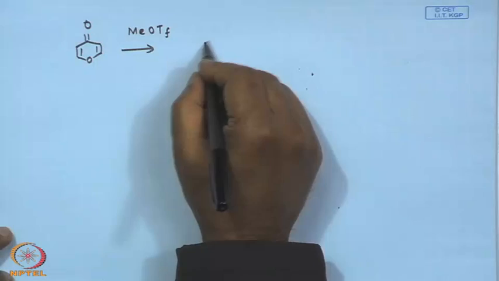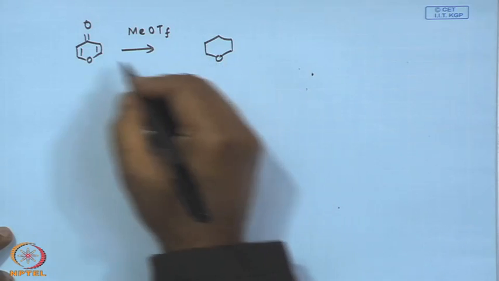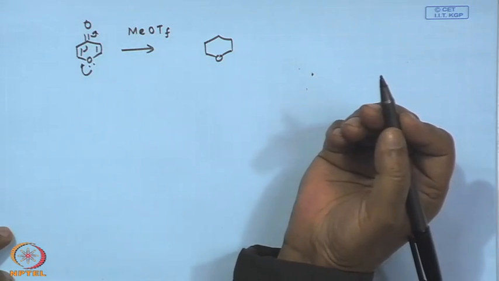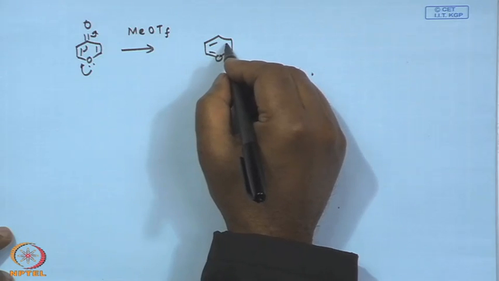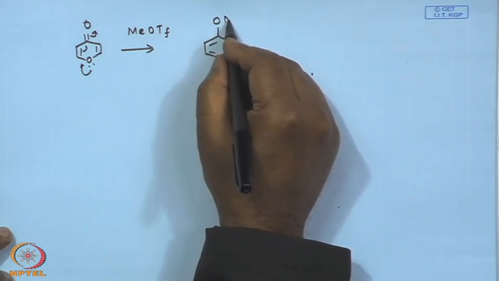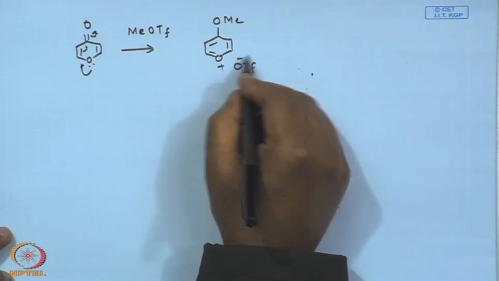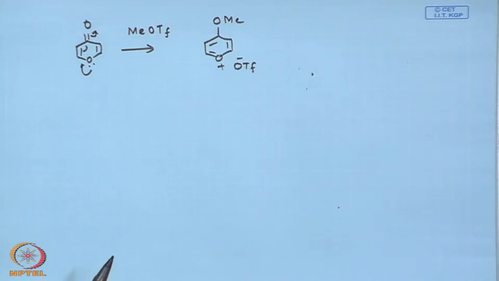Methyl triflate is basically the equivalent of methyl sulphate or methyl iodide, that means methyl cation here. So, what you expect here, once again, is a pyrylium ion. What is the driving force? The driving force is the aromaticity. This sort of molecule is now well known, and what you get is the corresponding pyrylium ion.